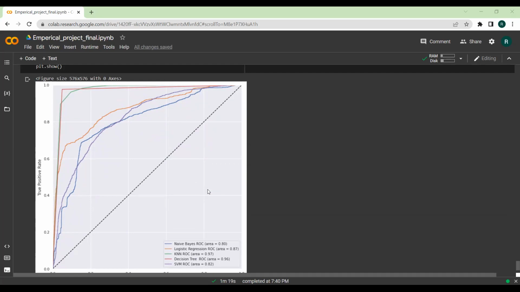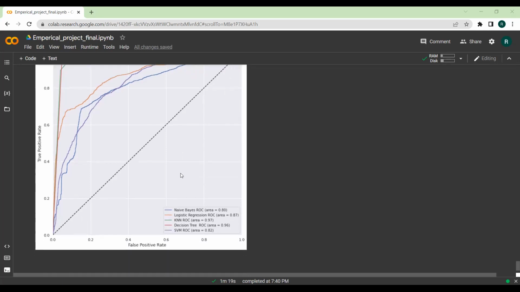So if we see clearly, for the KNN, we got the high training accuracy, and for the decision tree, we got the accuracy more, but for the KNN, we got the training accuracy, as I said, which is nothing but the testing. That's it for the comparison.